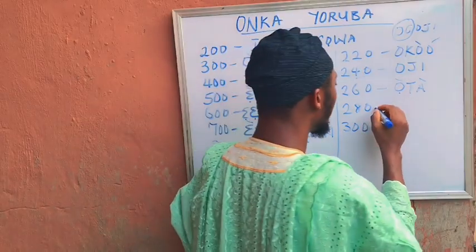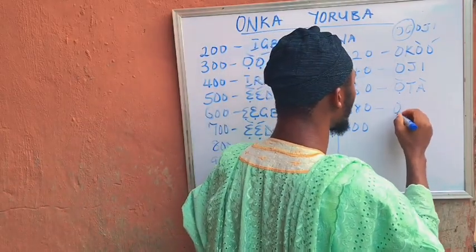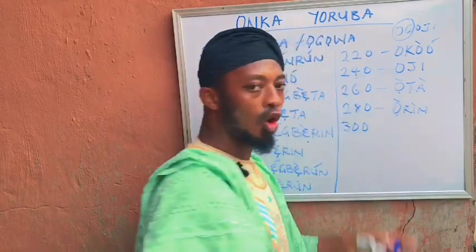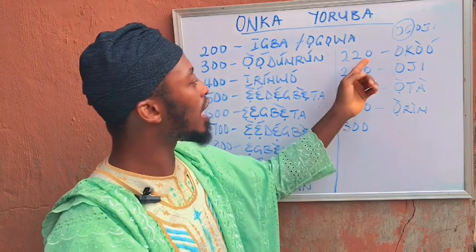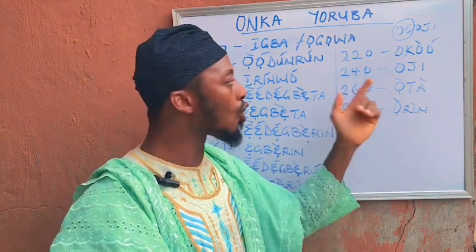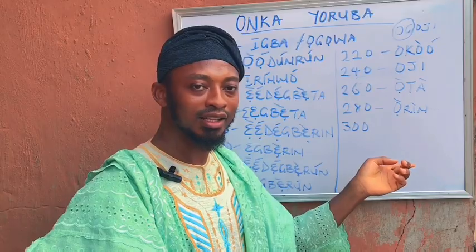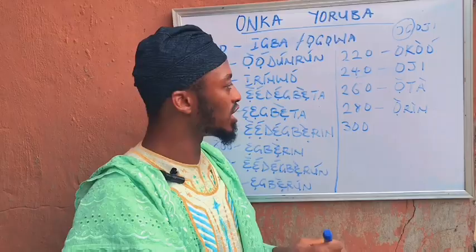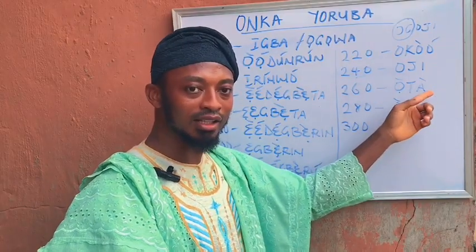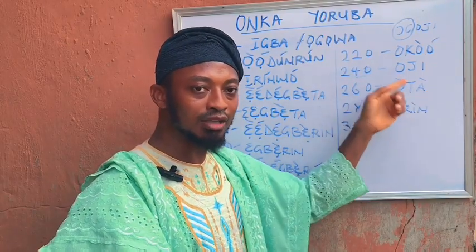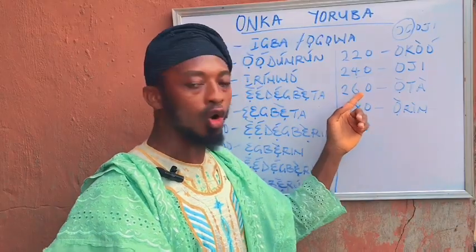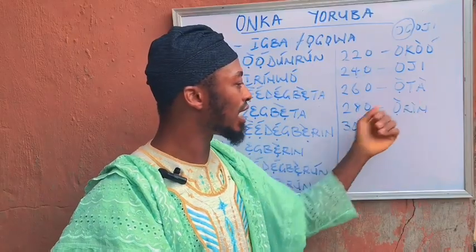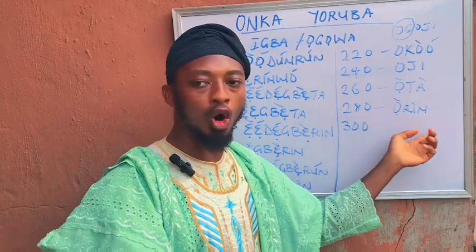Then this 80 here becomes Ori. So we have 220, Okolenigba. Then 240, Ojilenigba. 260, Ọ̀tàlénígba. 280, Ọ̀rìnlénígba.